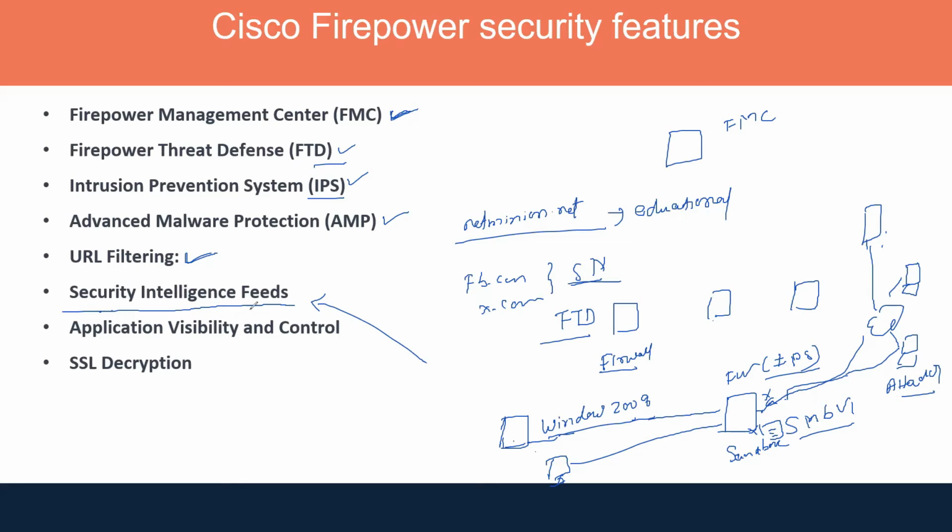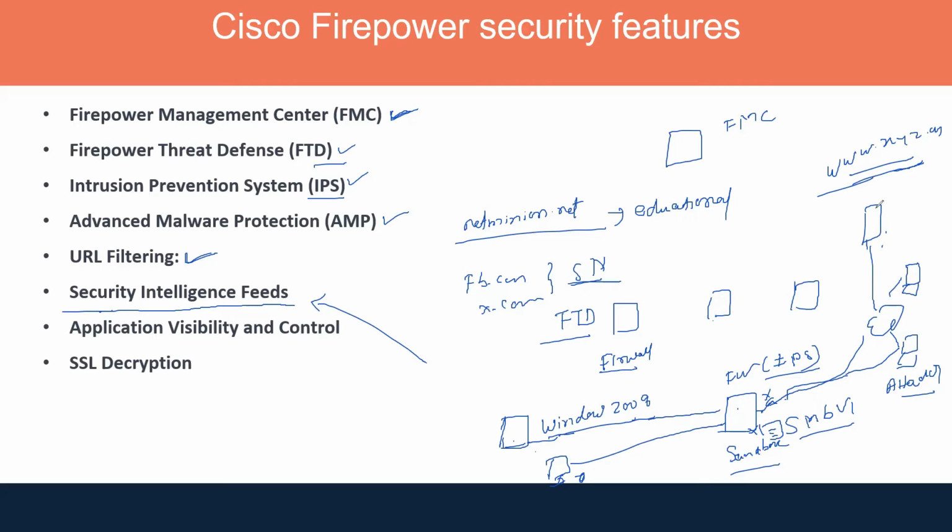Let's say this user is trying to access a website, www.xyz.com, but xyz.com is a malicious domain. In the Cisco Firepower database, it gets the feeds from different sources to identify that this domain is malicious. So when a user is trying to access any malicious domain, that domain is going to be blocked by the Cisco Firepower.